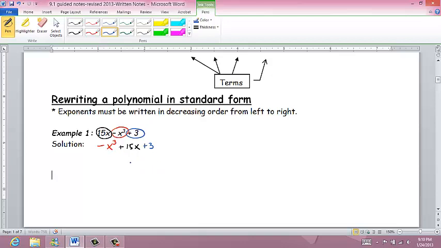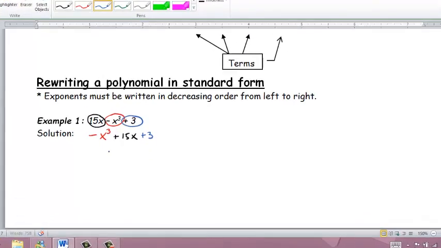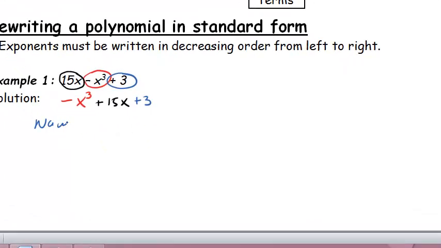Just to refresh our memories, how do we name this by the number of terms? How many terms do we have? We have 1 term, 2 terms, 3 terms, and a polynomial with 3 terms is known as a trinomial.